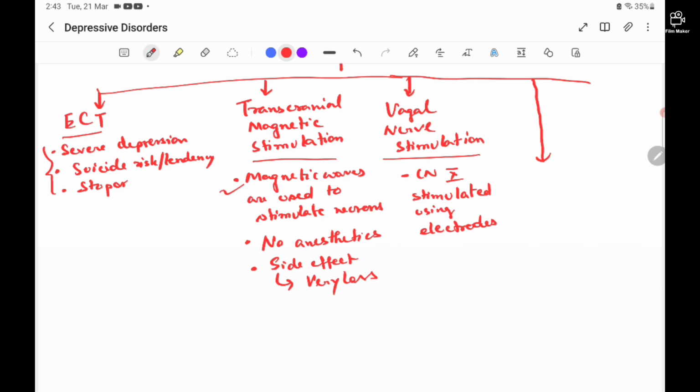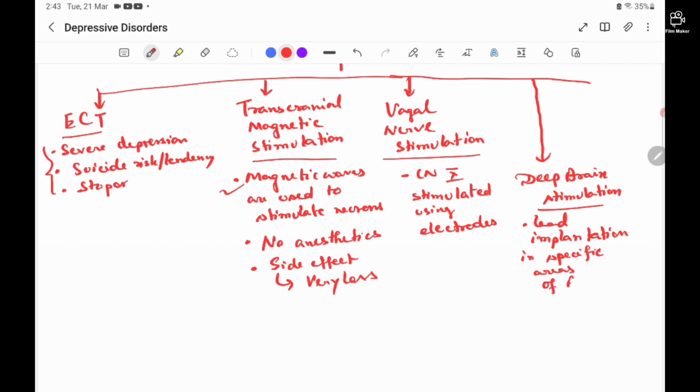Then there can be deep brain stimulation. That is, leads are implanted in specific areas of the brain in this procedure.